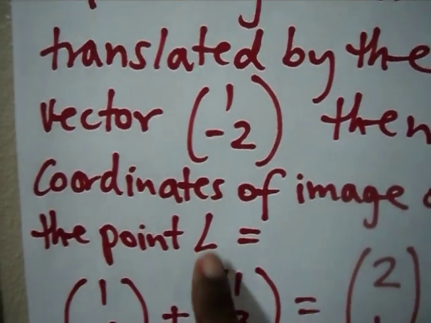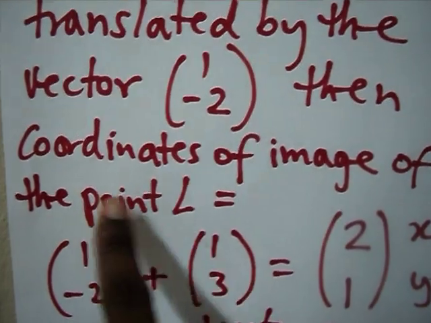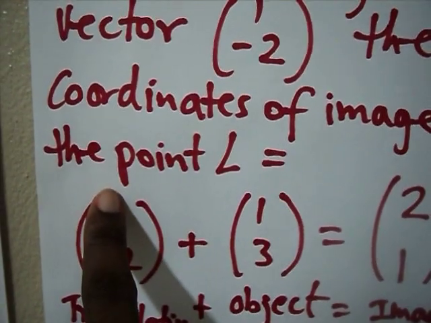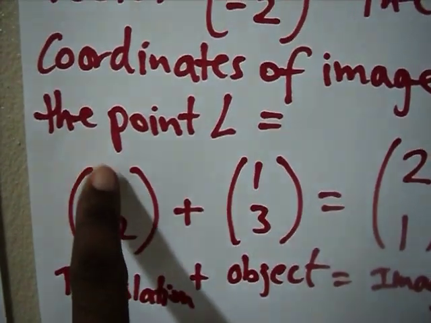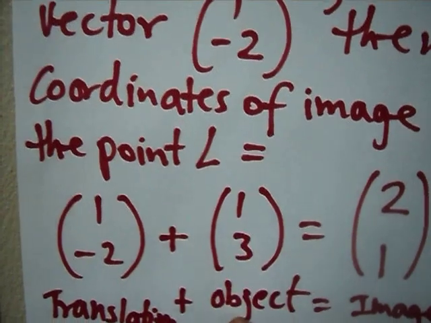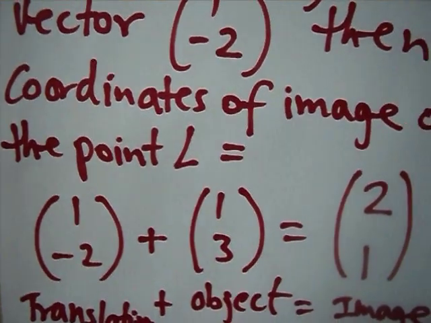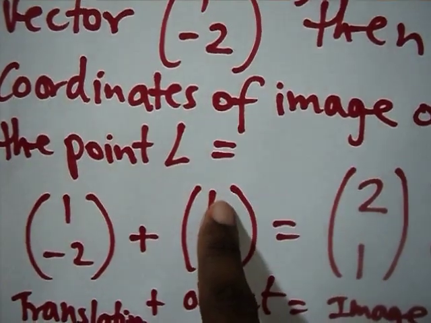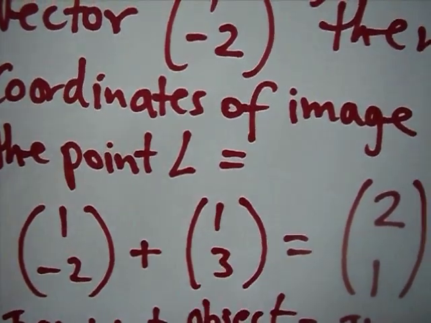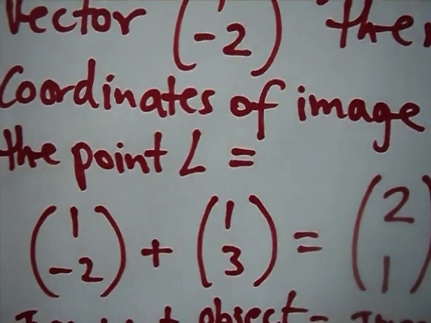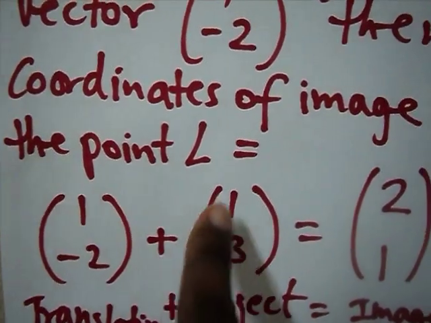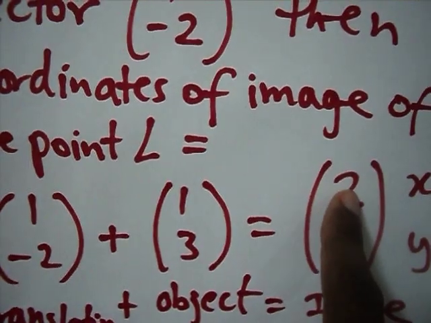So let us see what's going on. You have the coordinates of the image of the point L now. You have the translation 1, negative 2, plus the coordinates for the object L, where X is 1 and Y is 3. So when we add that, 1 plus 1 is equal to what? 2.